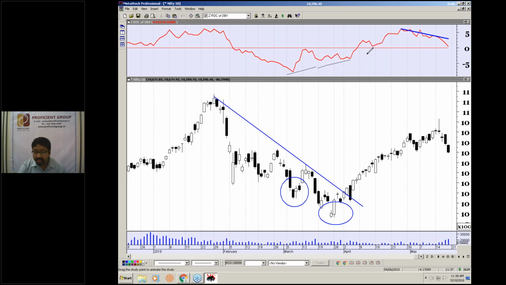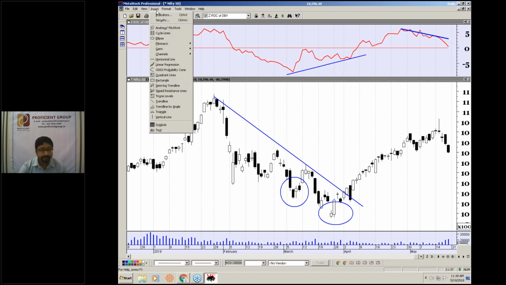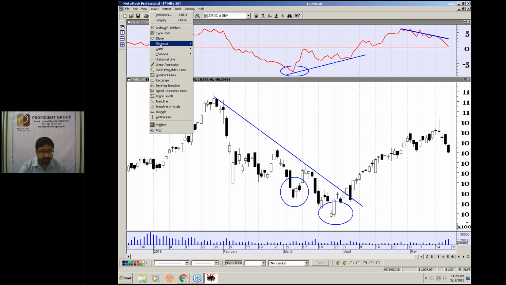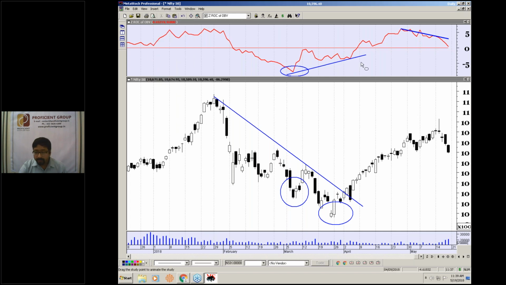The momentum oscillator was actually not making any new bottom, right? This was a bottom, and this was another bottom.